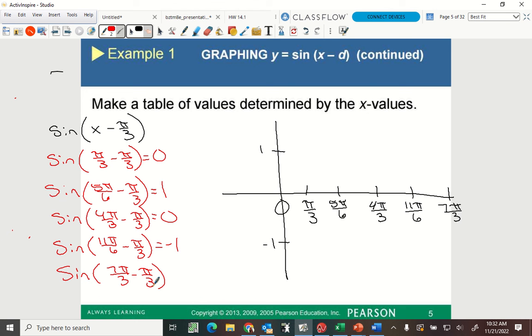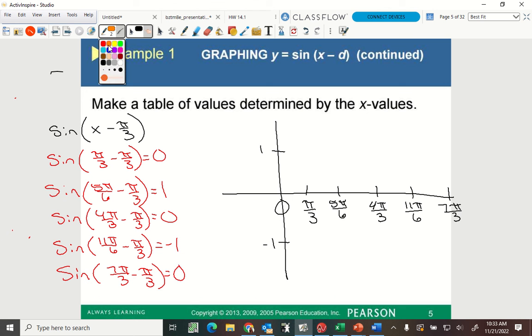Now 6 pi divided by 3 is 2 pi, right? 6 divided by 3 is 2. So now on your circle, put your finger on 2 pi. 2 pi is all the way to the right. And what is the y value there? 0.